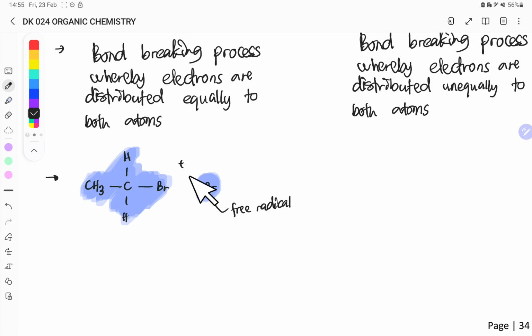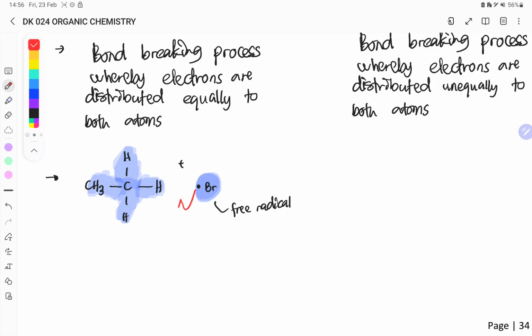So now we try to achieve octet. So what this bromine will try to take, let me just change this, this is another H, silap tadi, yang Br tadi kat molekul tu kita tukar. Okay, so we have that H. So what happened here is this bromine will try to take hydrogen, by forming a bond.